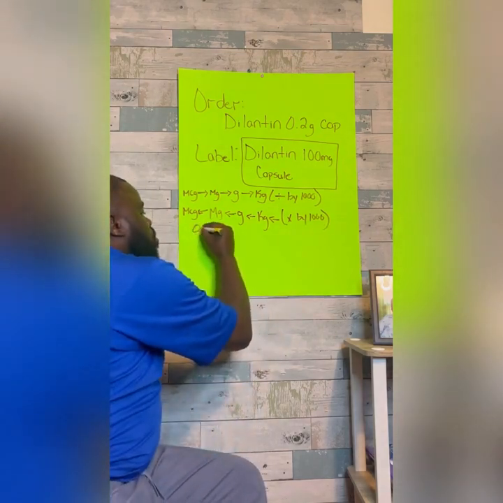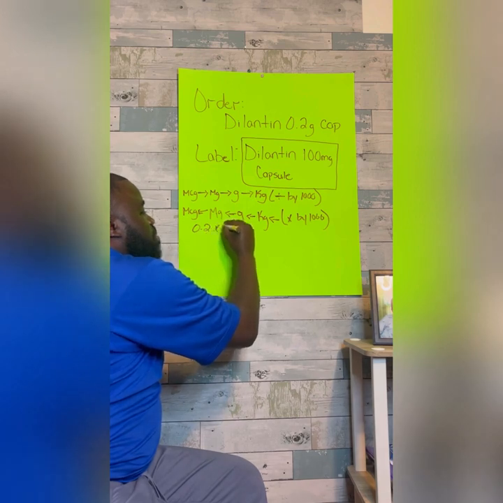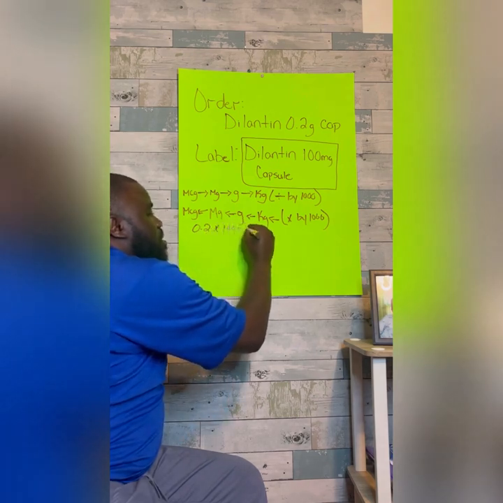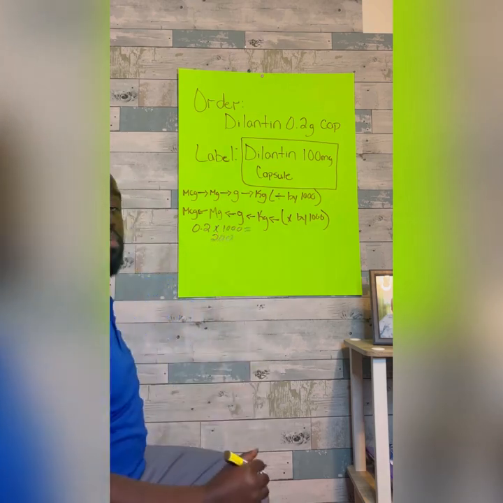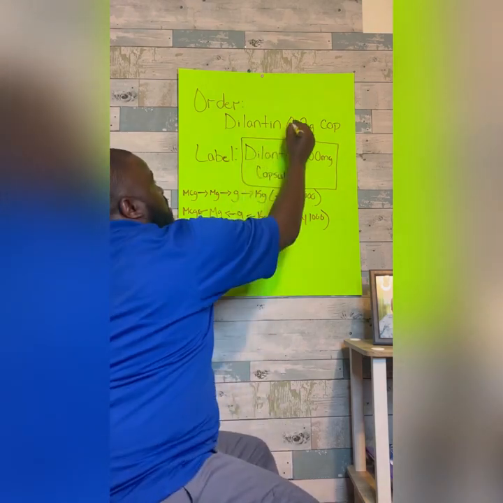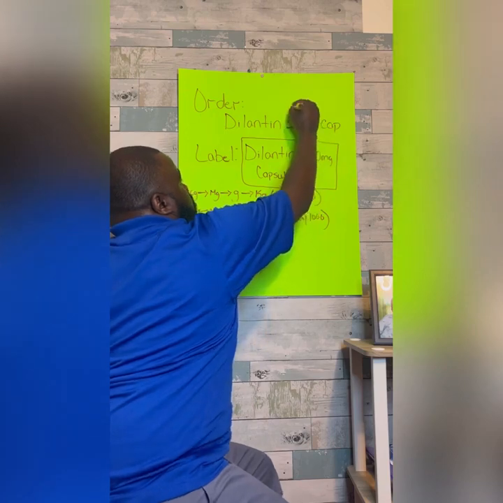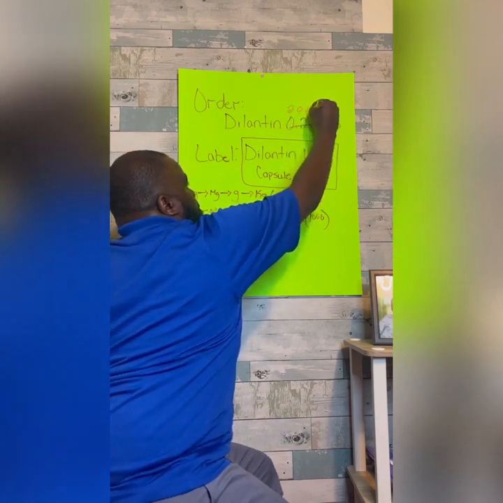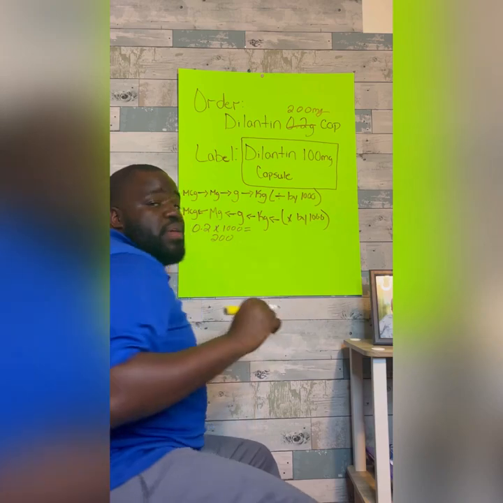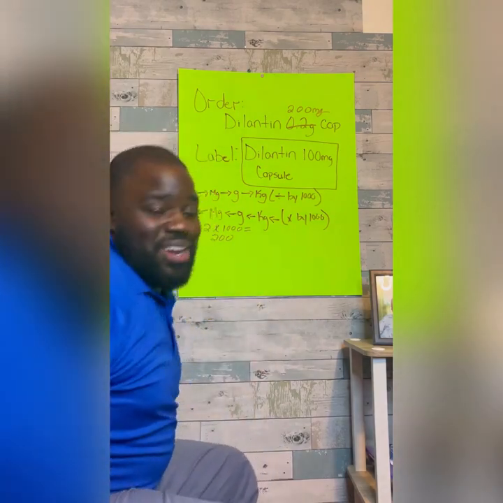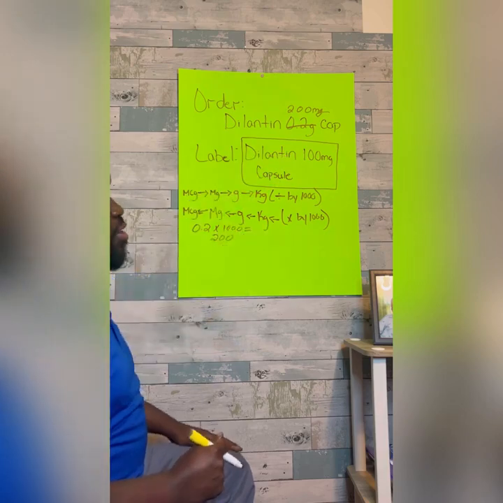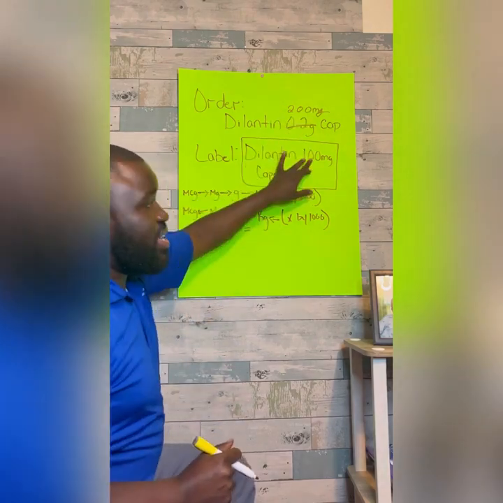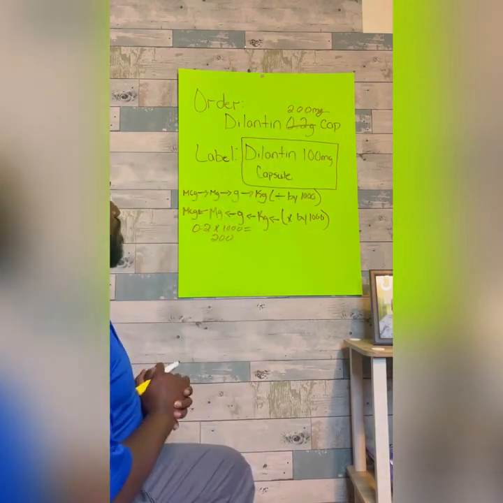So 0.2 times 1,000 equals 200. So that changes our order to 200 milligrams. All right, so I know that's a lot, but let's work that out. We've already converted our unit of measure. Now that this matches this, we can calculate it, okay?